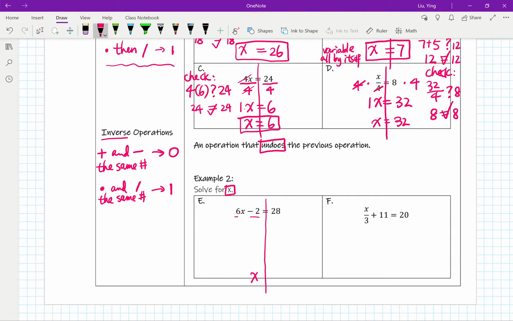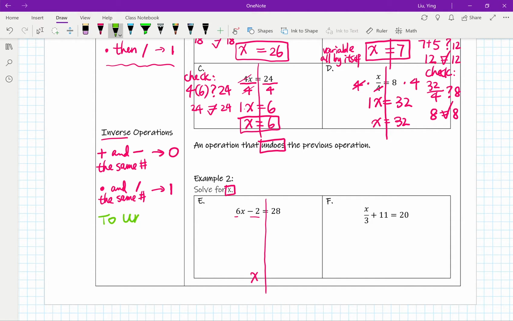Okay? So the order of operations is always doing multiply and divide first, and then adding and subtracting, right? So that's the normal order of operations. But to undo, we want to make a side note here.